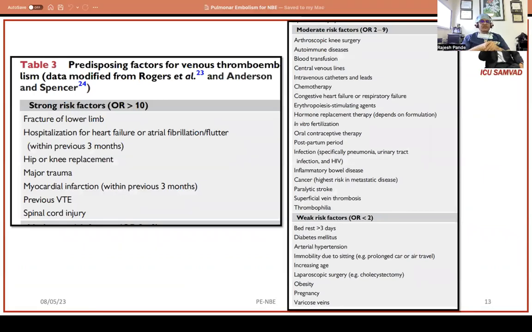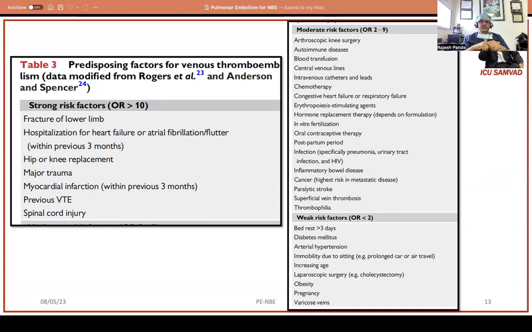They have been classified into strong, moderate, and weak risk factors. Strong includes fracture of lower limb, hospitalization either for heart failure or atrial fibrillation or atrial flutter within the past 3 months, hip or knee replacement surgery, major trauma, MI within the last 3 months, previous venous thromboembolism, and spinal cord injury.